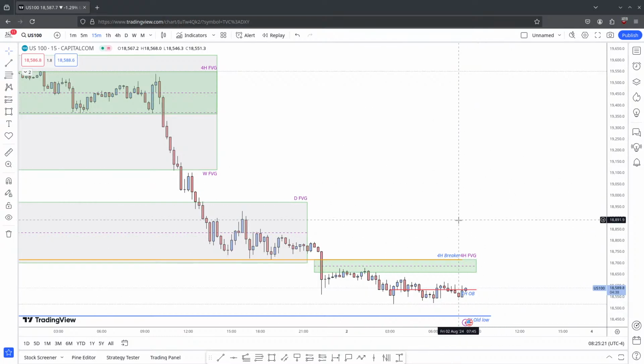So you're going to have to sit and wait here for them to take out one or the other side, get a clear direction, and then trade it into the other way.